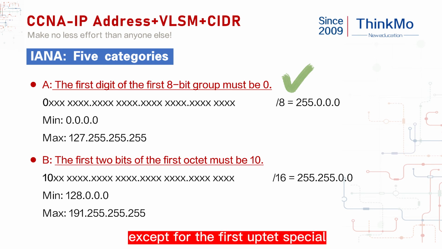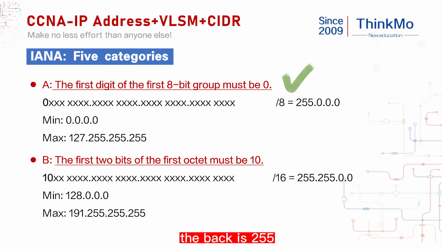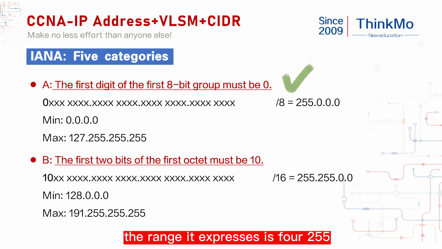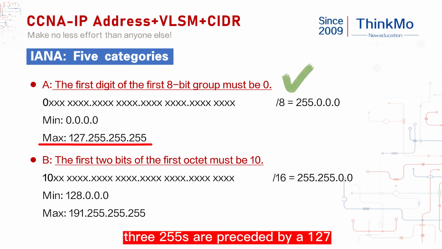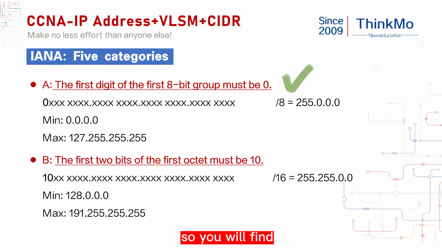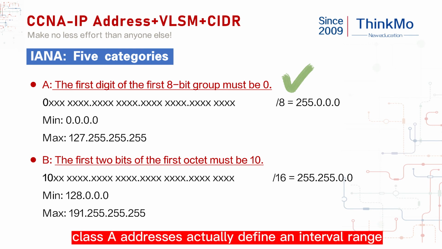Except for the first octet being special, the back is 255. So in fact, the range it expresses is 127.255.255.255. That is, 3 255s are preceded by a 127. This is the range of it. So you will find Class A addresses actually define an interval range.